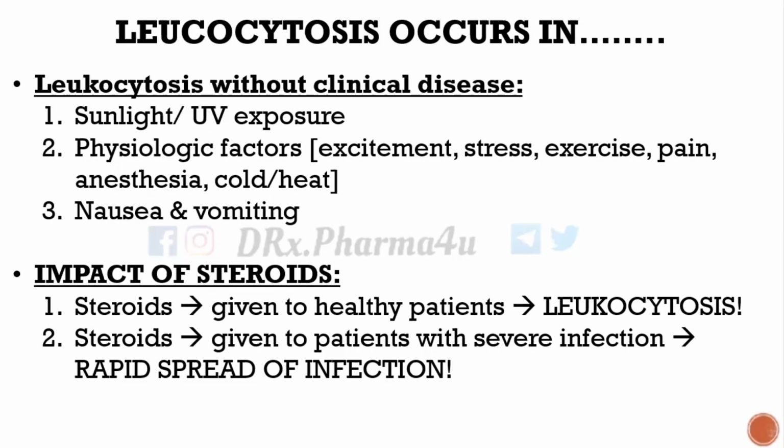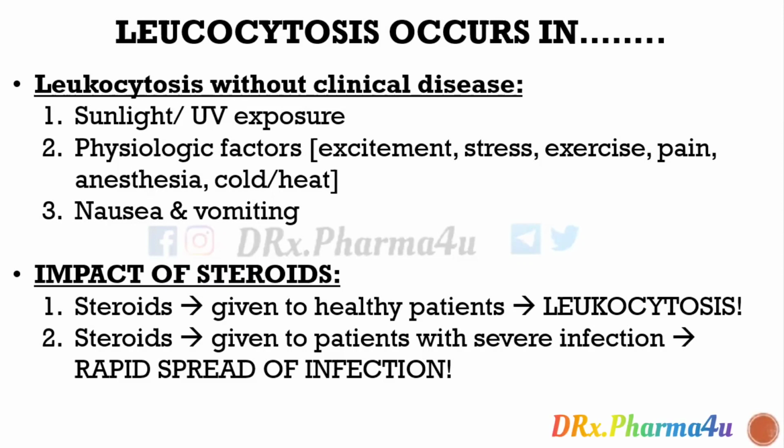Impact of steroids is very important because steroids are used in many patients nowadays for various conditions, and steroids have a very notorious problem. Its mechanism itself is its problem in some populations, because steroids are usually anti-inflammatory in nature. Anti-inflammatory means they are suppressing the hyperimmune status, as a result of which it can cause immunosuppression.